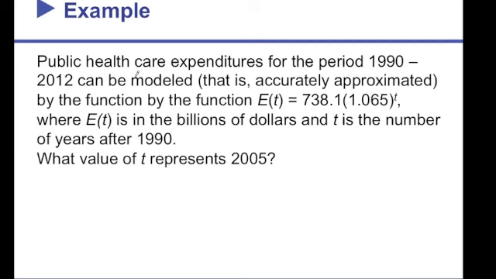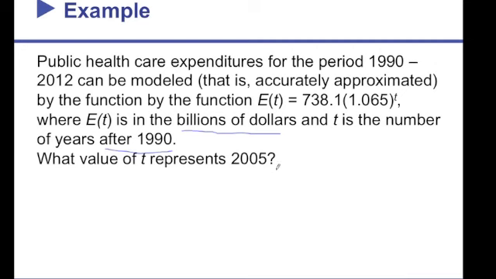Public health care expenditures from the period from 1990 to 2012 can be modeled, that means accurately approximated, by this function. E of t equals 738.1 times 1.065 raised to the t power, where E of t is in billions of dollars, and t is the number of years after 1990.